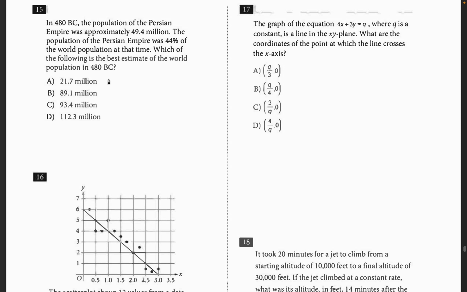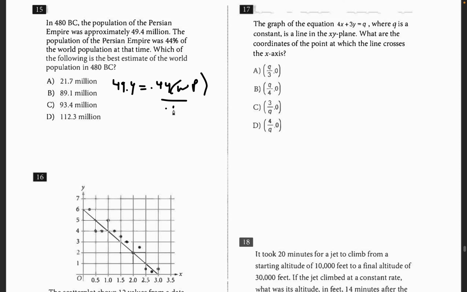In 480 BCE, the population of the Persian Empire was approximately 49.4 million. So, okay, I'll turn this into an equation. So 49.4 million was 44% of the world population.